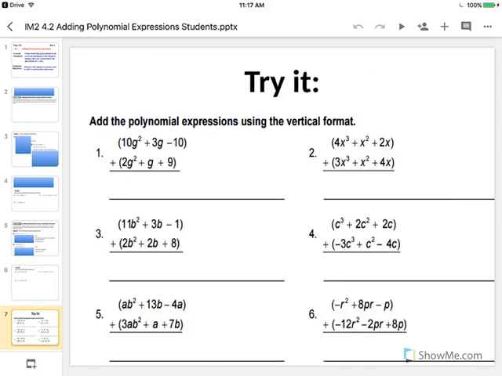Okay, so let's try this. Okay, so for number 1 through 6, these are using the vertical format.